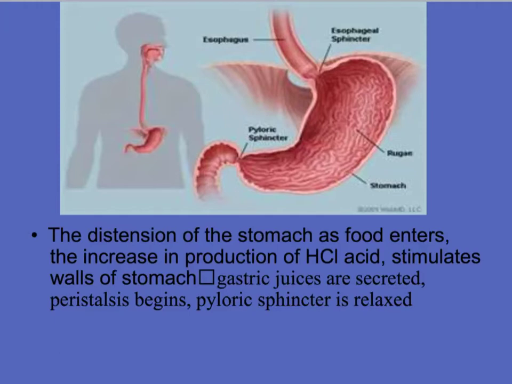Peristalsis begins moving food towards the pyloric sphincter, which will then relax to allow food to move through. In the stomach, you also have the rugae, which increase the surface area of the stomach and are where all the cells that make the gastric juices are.